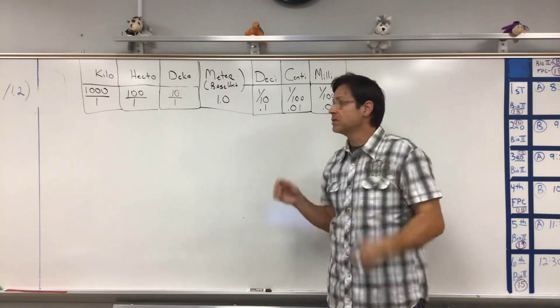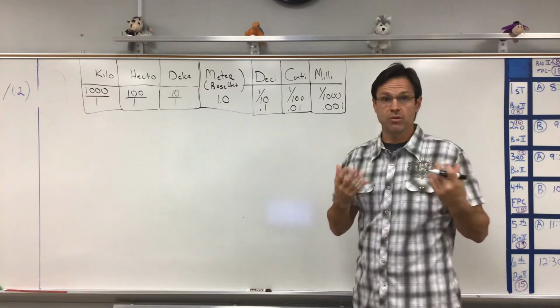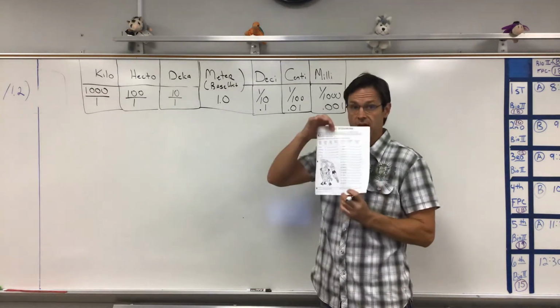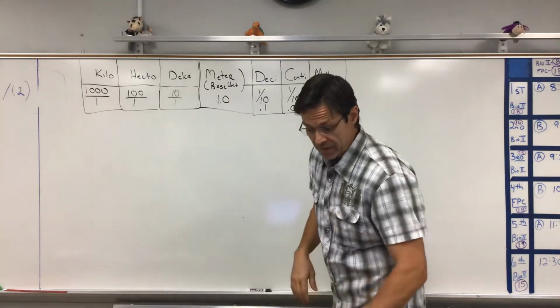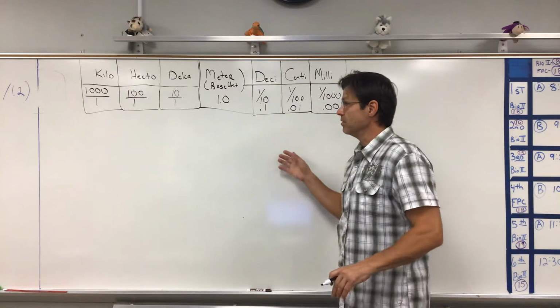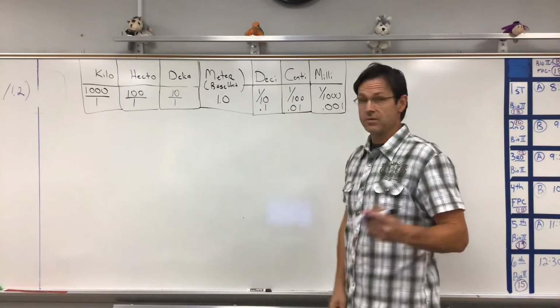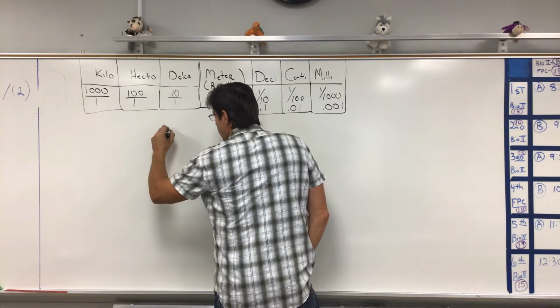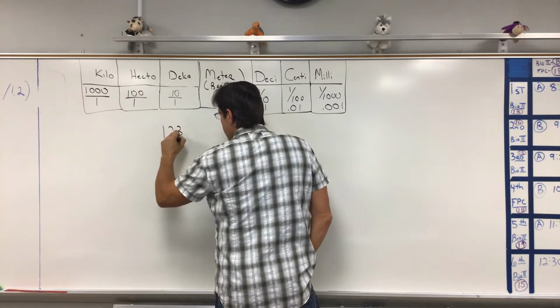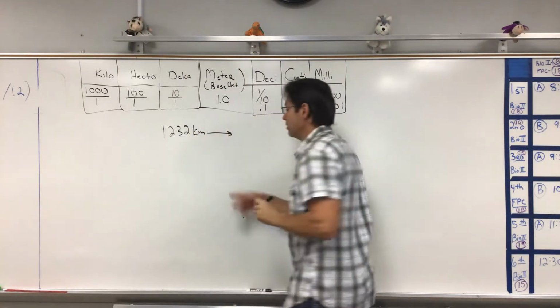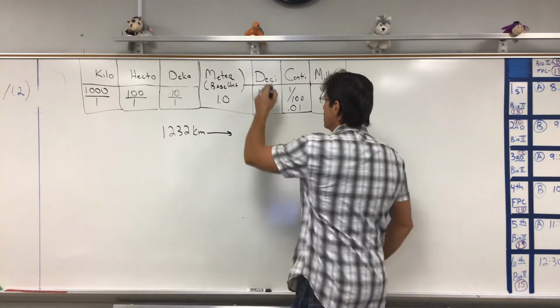So first things first, we're just going to go with what we should know. On this first little worksheet that I gave you, and it's in your docs, that you'll be working on, it's just 20 practice problems with practicing, like I said, just converting the metric system. So for example, if I had 1,232 kilometers, the arrow tells you I'm converting it to another unit.